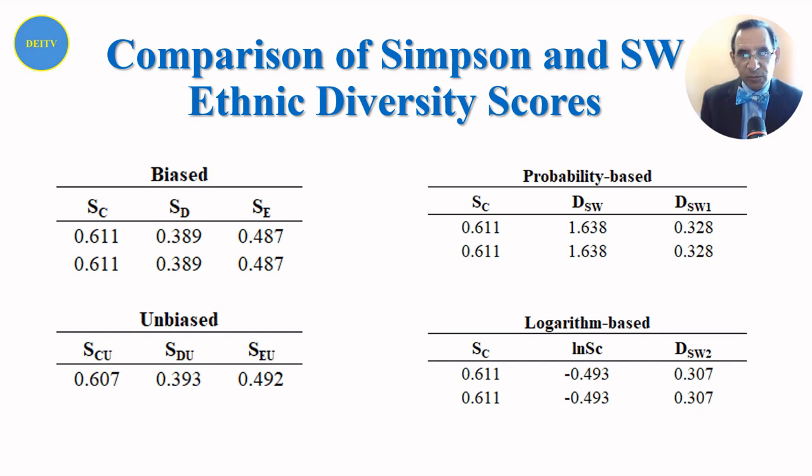Again, because the Smith and Wilson scores are derived from the Simpson index, the concentration scores are presented for each index, the diversity score is presented for each index, and also the standardized or evenness score. And as I mentioned in episode 2, the Smith and Wilson probability-based index and the logarithm-based index produce scores that are lower than the Simpson-based evenness or standardized scores.